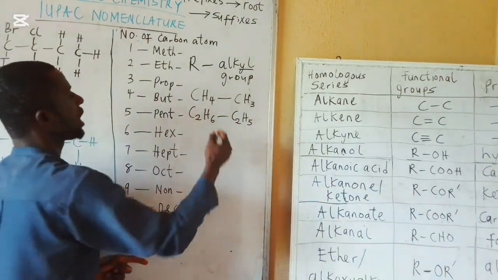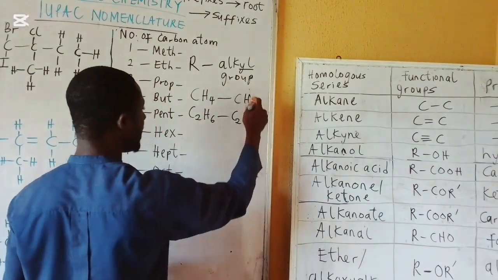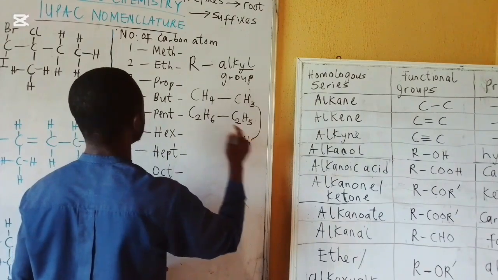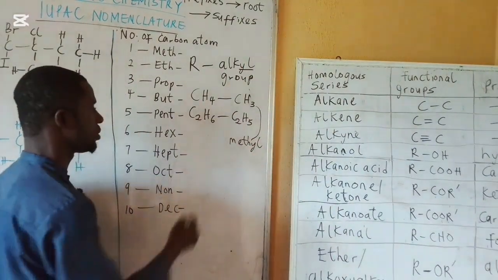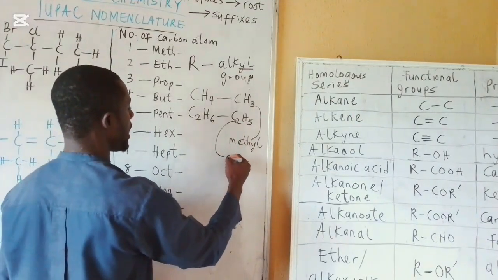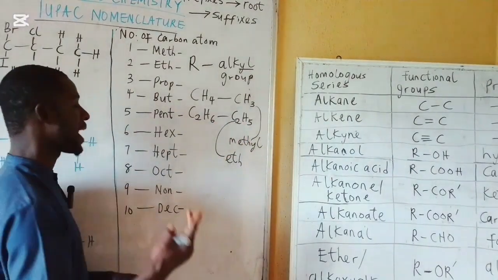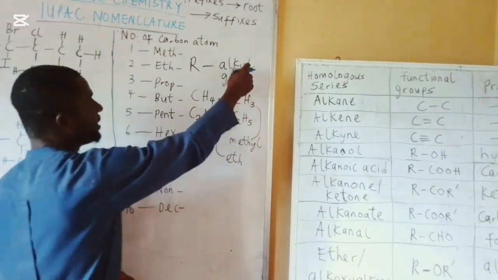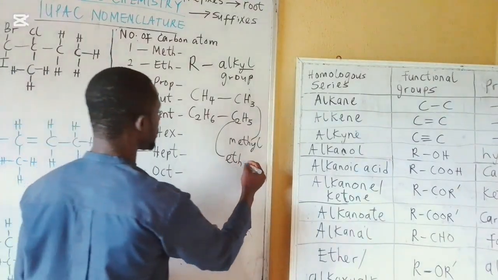So this CH3 becomes met plus YL, which is the suffix for that group. It becomes methyl. Then this one becomes ETH, because how many carbons are there? We have 2 carbons. Then we add the suffix of this group, and that becomes ethyl.